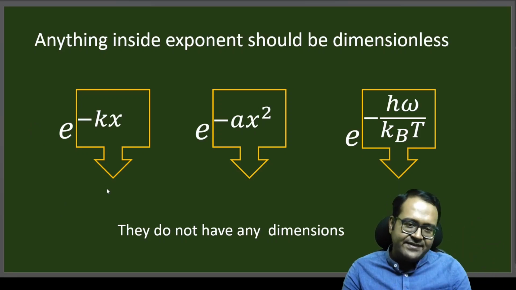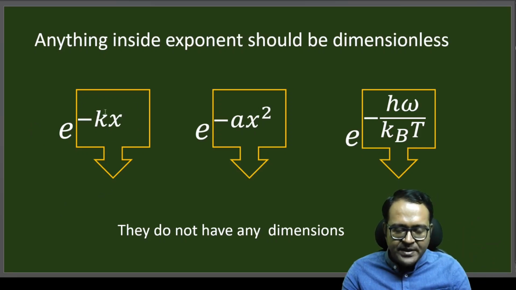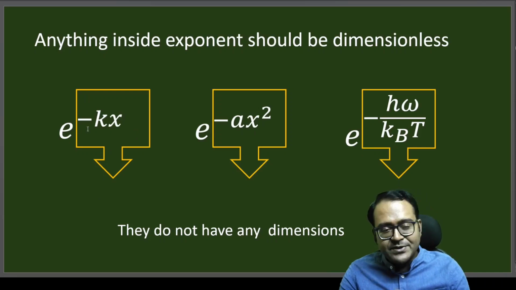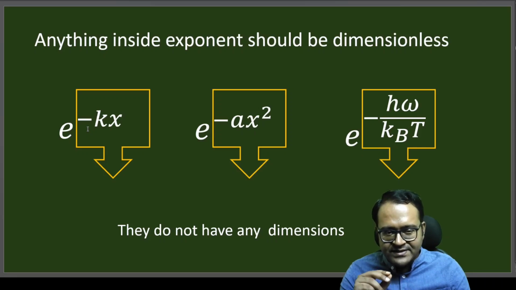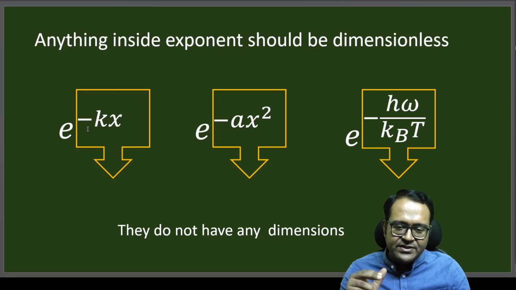If minus kx had any dimension, then e to the power minus kx would also have dimension. If you take the derivative of a quantity, df dx, the dimension of df dx will be the dimension of f divided by the dimension of x. And then think logically why this should not have any dimension.